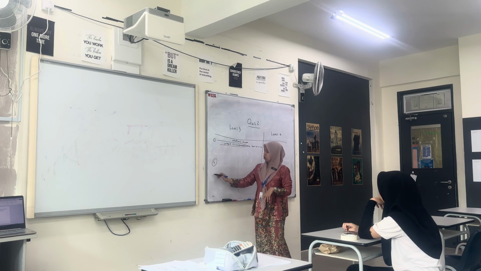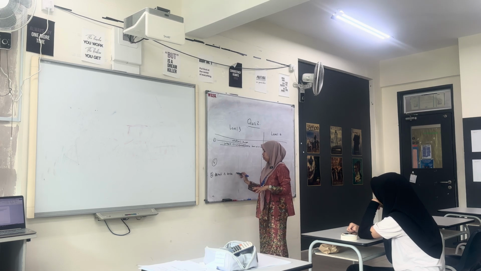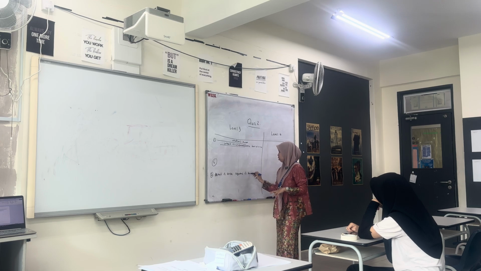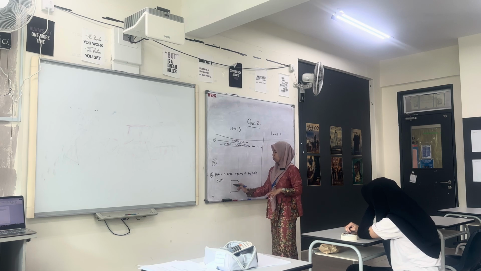How about the area of a circle? Area of a square? Perimeter, side 5 cm. So perhaps you have a diagram with 5 cm here and 5 cm here.